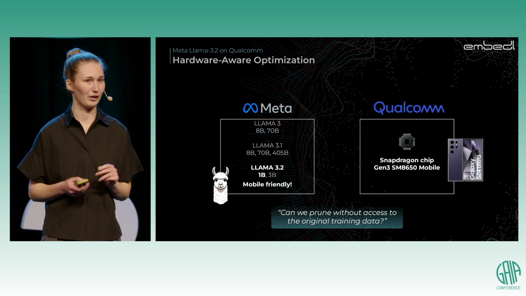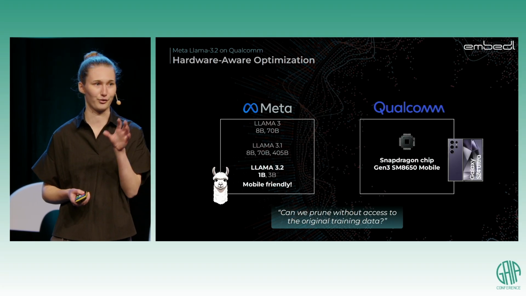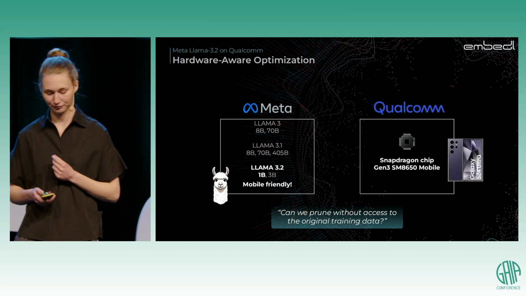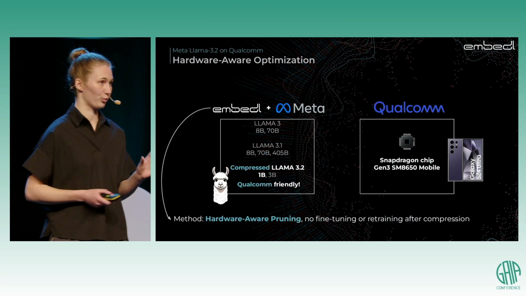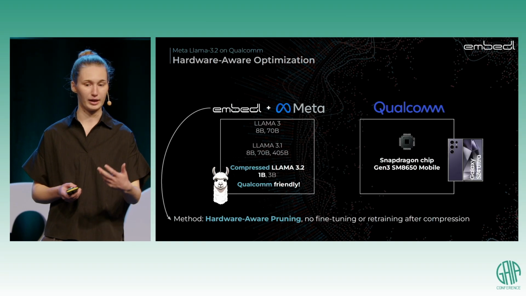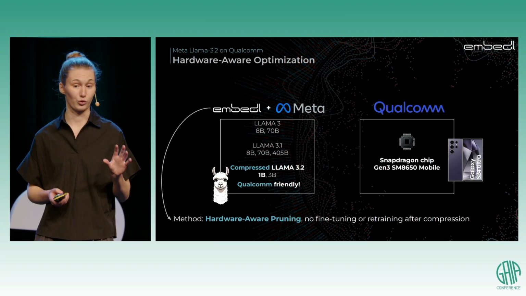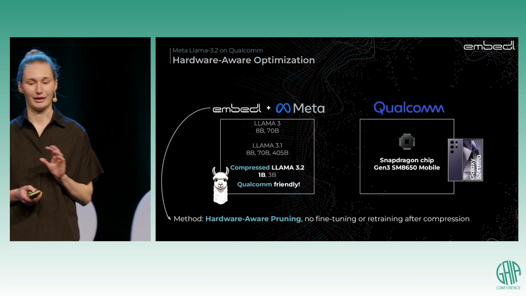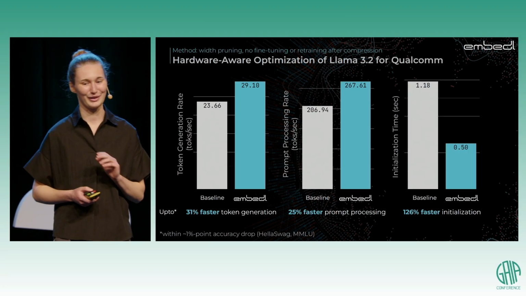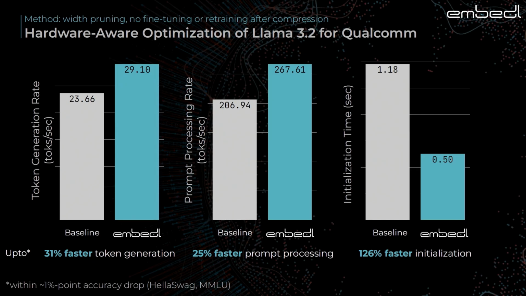Internally, for our research team, the challenge was, can we prune without access to the original training data? Can we optimize this model for this hardware? So what we did, we used hardware-aware pruning and produced a compressed Llama 3.2, which is not only mobile friendly, but also Qualcomm friendly. Let's jump right away to the results. We see a couple of bar charts, but let's go left to right.